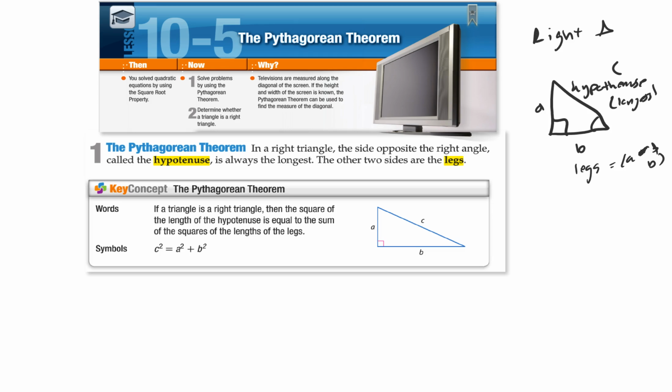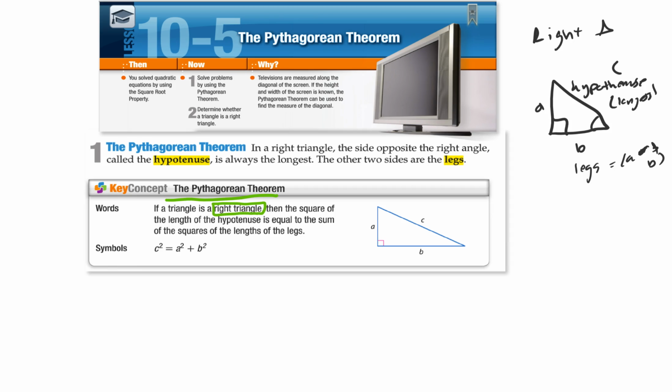And in a right triangle, we have this formula called the Pythagorean theorem. Very famous formula. It only works for right triangles. Pythagoras was a great mathematician back in his day, and his theorem is this one.